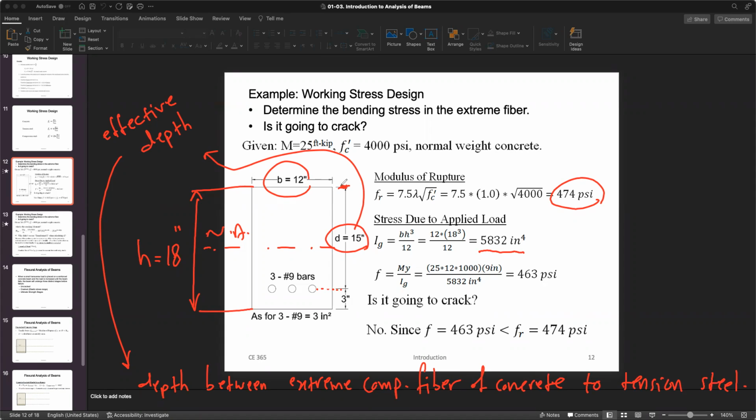So from the extreme fiber farthest away from the neutral axis on the compression side to the tension steel level. This is effective depth, D.